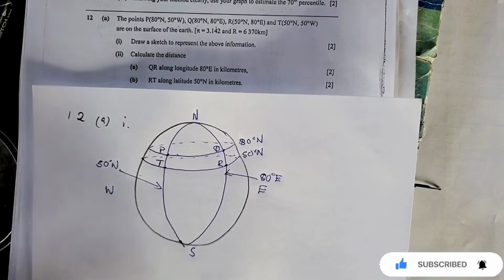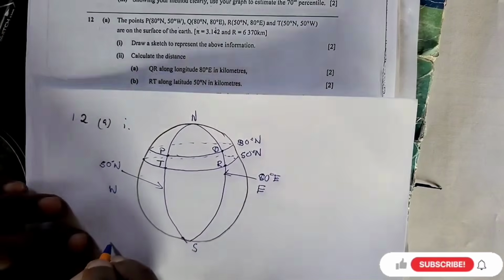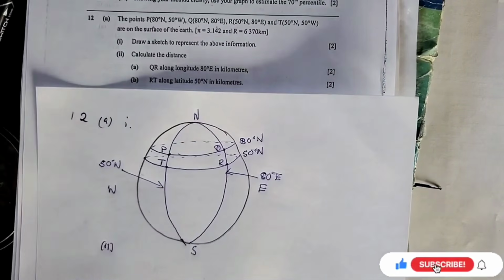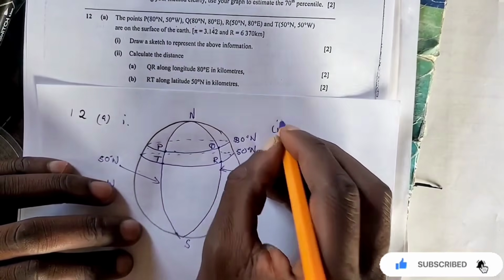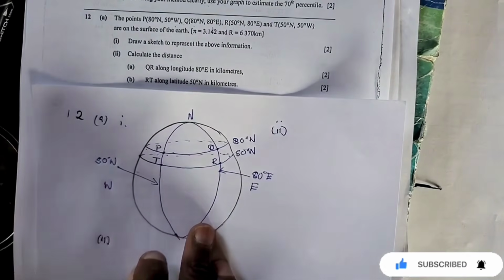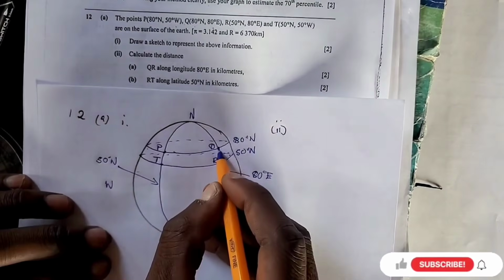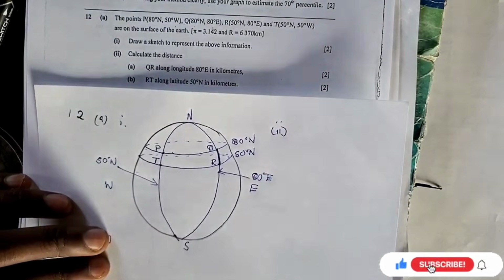Now, let's solve question 2. They're saying, calculate the distance QR. This distance is along the longitude.